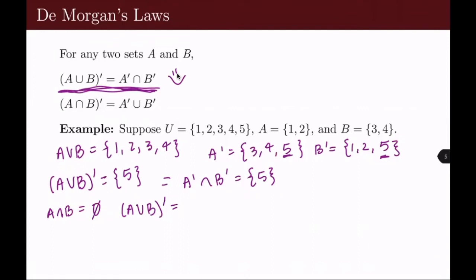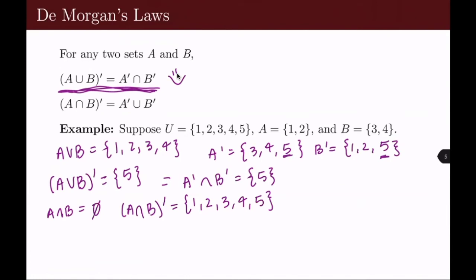So the complement of the empty set is the whole set. Oh, I wrote union and not intersection. Oops. Intersection. Let's see that one more time. Because the empty set has no elements, the complement of the empty set is all of the elements. It is kind of a fun logic problem, huh?